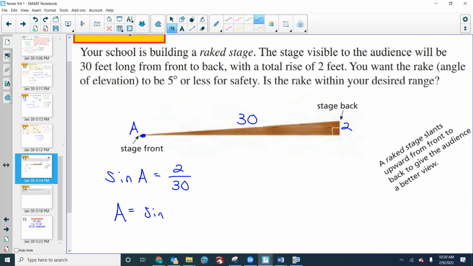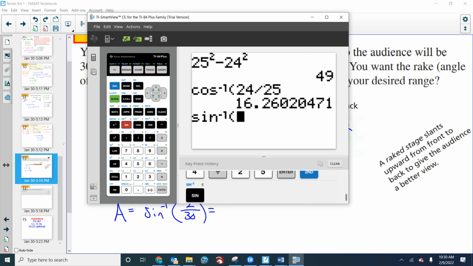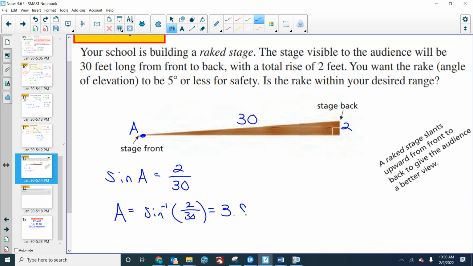Sine inverse of 2 over 30. That's 3.82 degrees, which is less than 5 degrees. So I would say this is a safe raked stage, whatever that is.